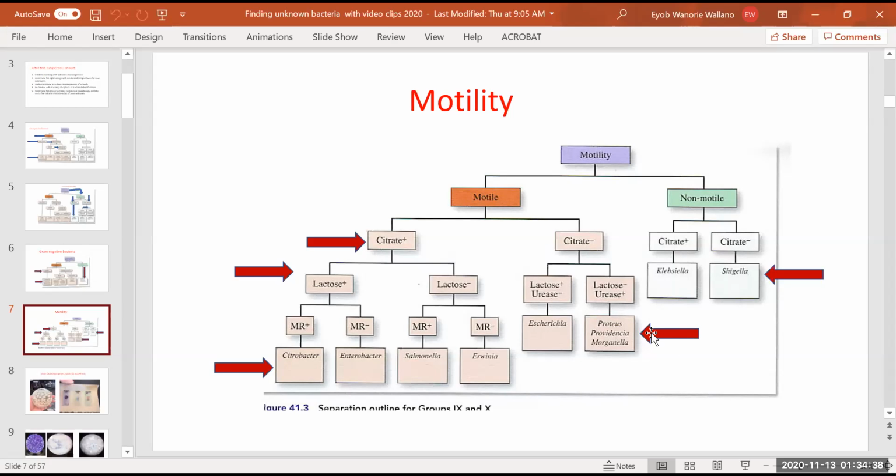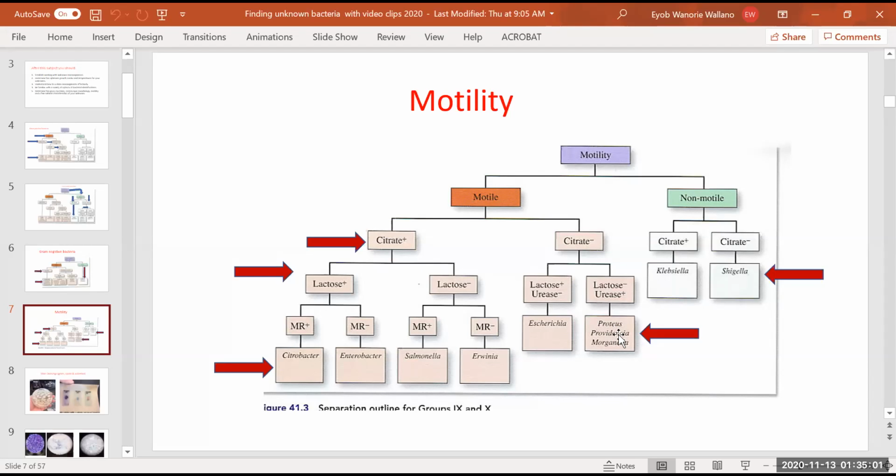See, this is how we are going to see bacteria in Bergey's manual classification, how you need to differentiate bacteria by motility. Look now, here we have motile bacteria and non-motile bacteria. Non-motile bacteria, which one? Shigella, is it non-motile bacteria? Yes. And what about Proteus vulgaris? Is it motile bacteria?